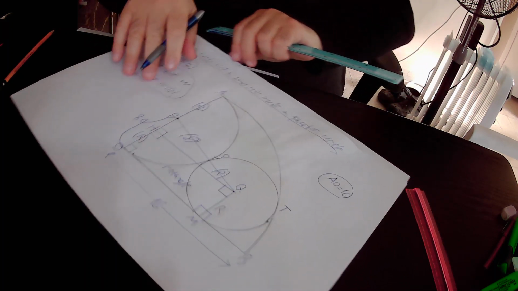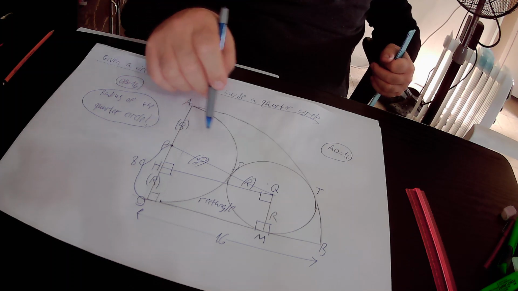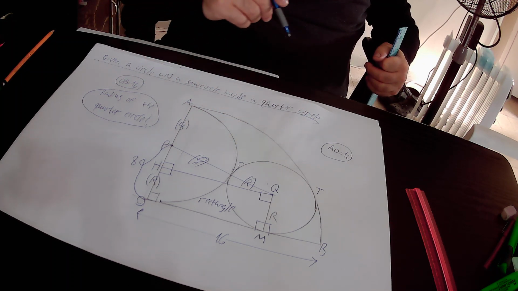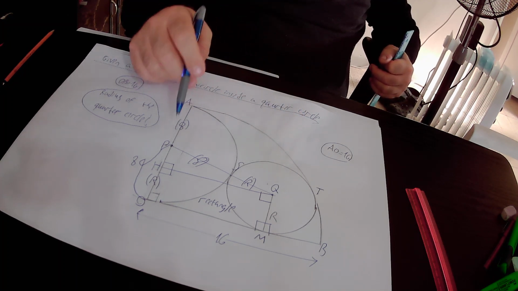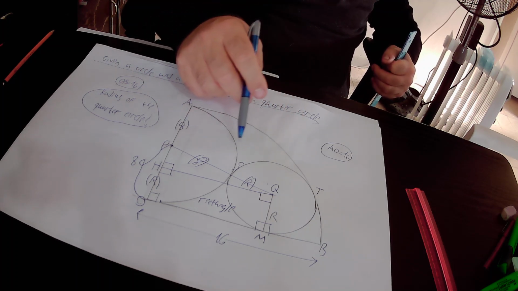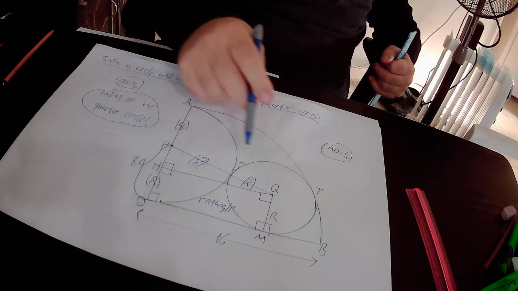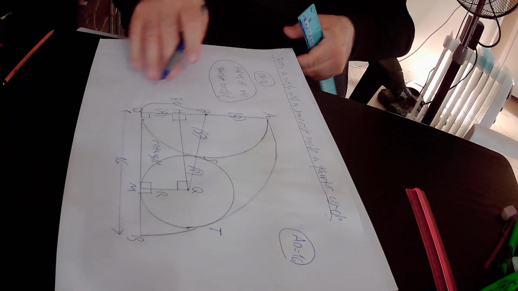According to rule 10, we should find out that PSQ is one straight line, and therefore PQ is a straight line, and PQ must be equal to PS plus SQ. So I write it down.